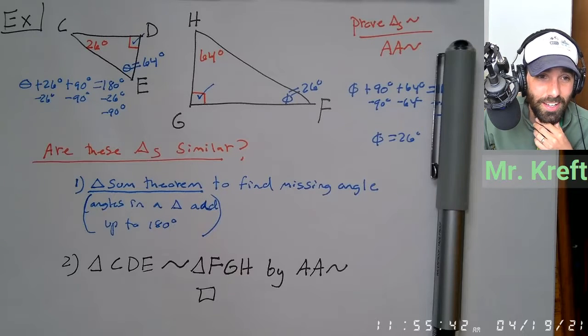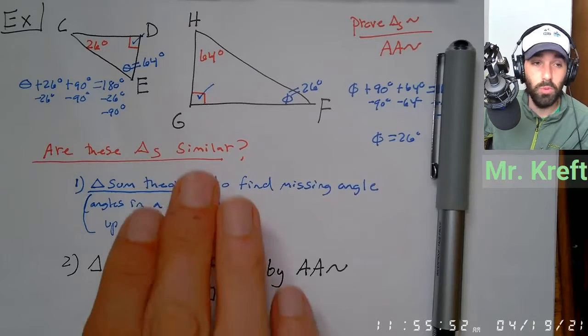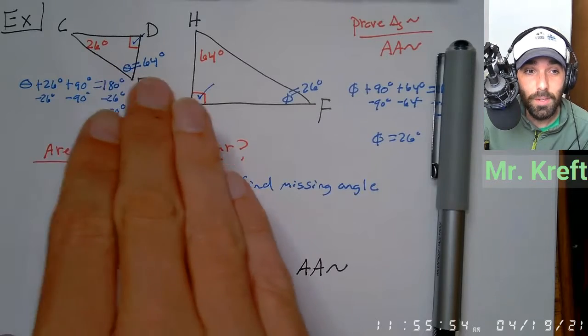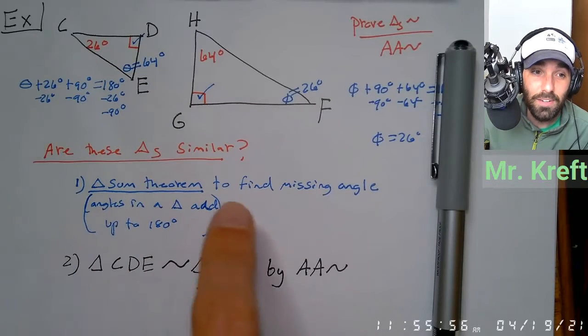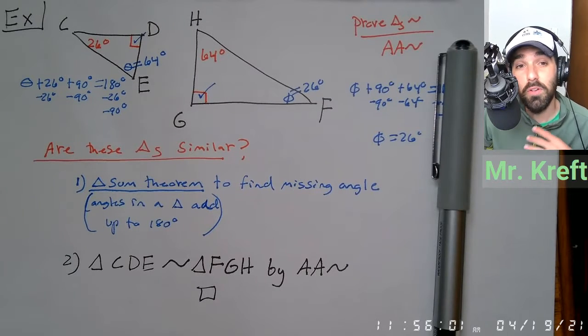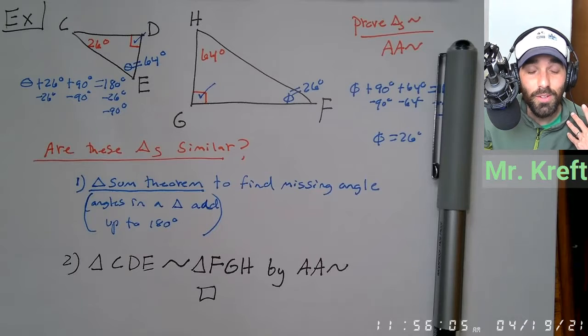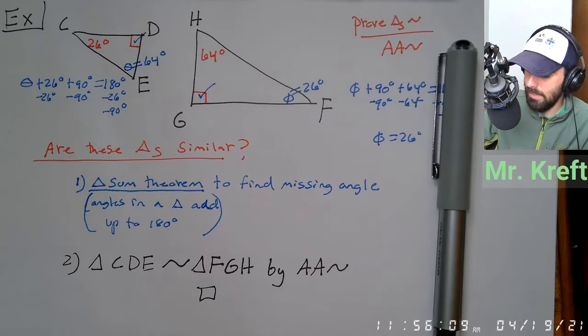If we aren't asking questions or clarifying, then that's not good. So again, this is just day one, so we're just doing an intro to AA similarity. If you're missing some of the angles, we can find missing angles using the triangle sum theorem. And pretty soon we're also going to find missing angles using parallel lines, vertical angles, linear pair, and all that good stuff.